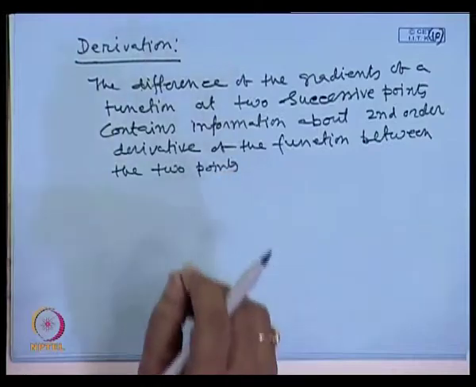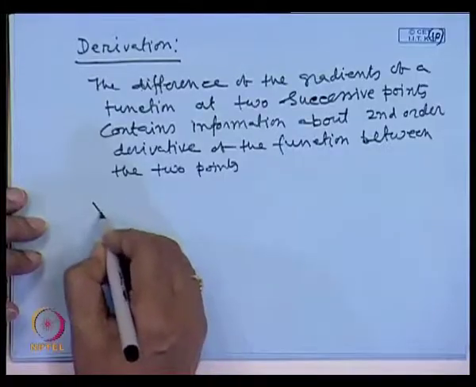This is the same as the difference in function value at two consecutive points carrying the information about the first derivative. Next, the difference of the first derivative of a function at two consecutive points carries the information of the second derivative.